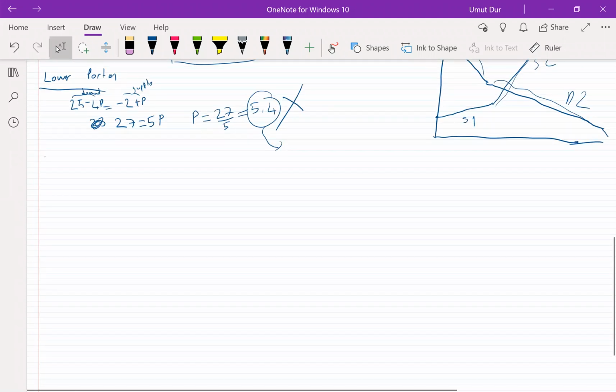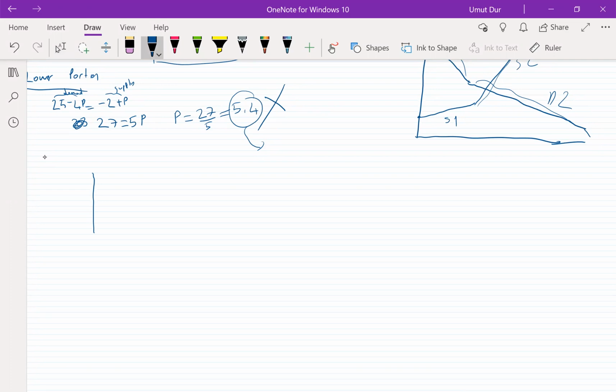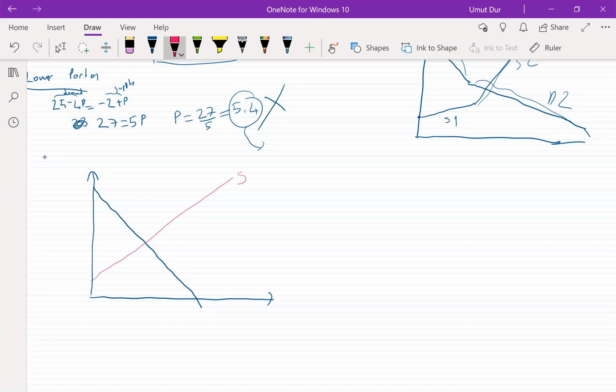All this chapter is basically about this: we are given a demand function and a supply function, and we are looking for the intersection.